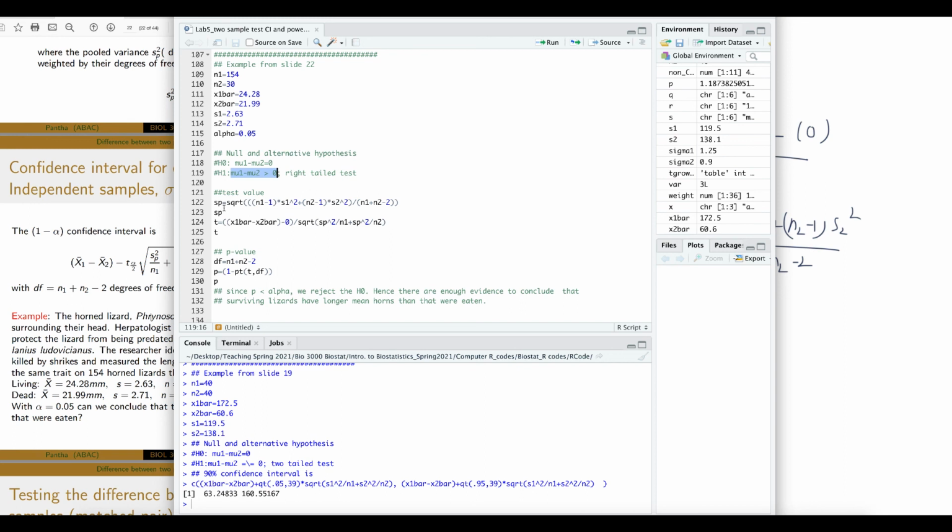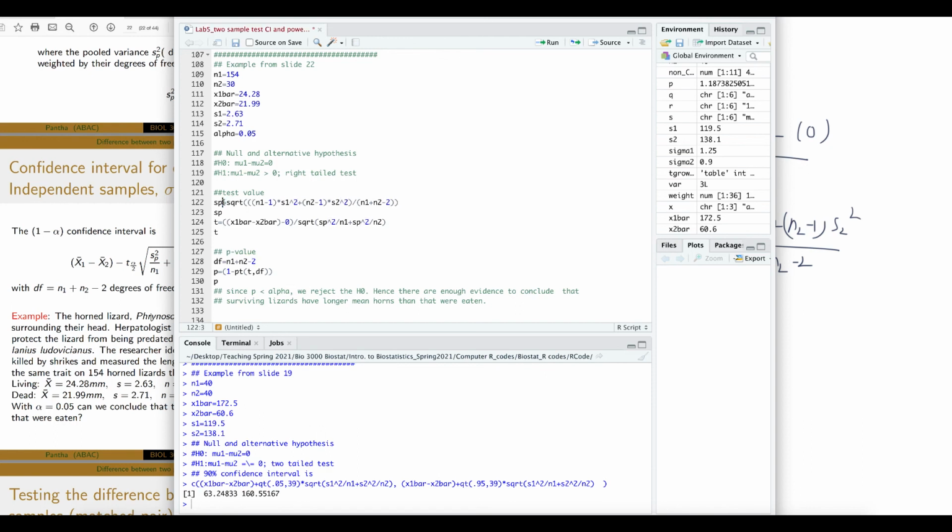So what is this pooled standard deviation? We will use sp square there, so sp is the square root of that. Why did I write sp instead of sp squared? I can name a variable sp squared, but I cannot name it like sp and then a square symbol. It will show an error.